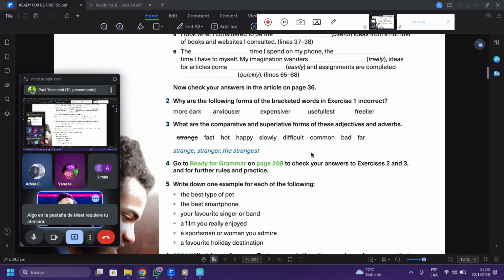Usefulest? The most useful. And freelier? Is it possible? No. What is the correct form? More freely, because it is an adverb. Freely. Libremente. Más libremente. More freely.